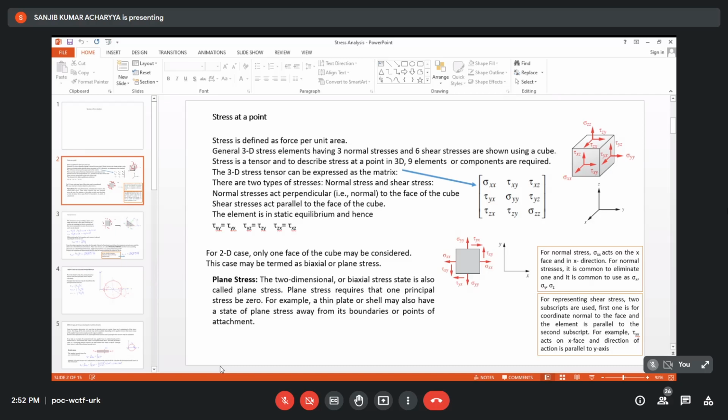If the material is isotropic, then the stress-strain relationship is independent of direction, and therefore some of the material coefficients can be cancelled and the stress matrix can be arranged by a 3 by 3 matrix, total 9 members. The stress scenario can be represented by 9 members. Is it okay?